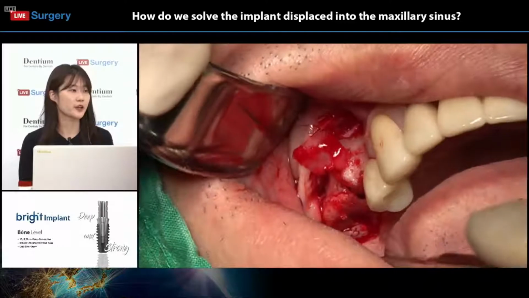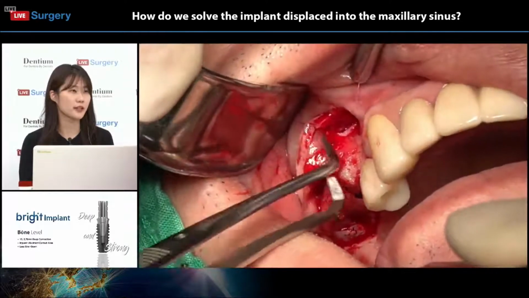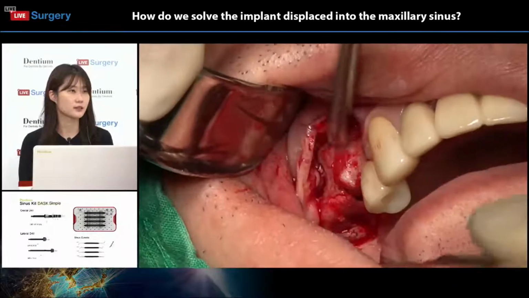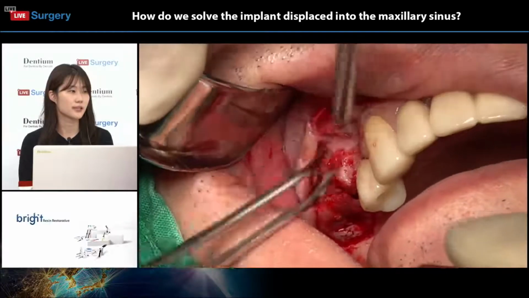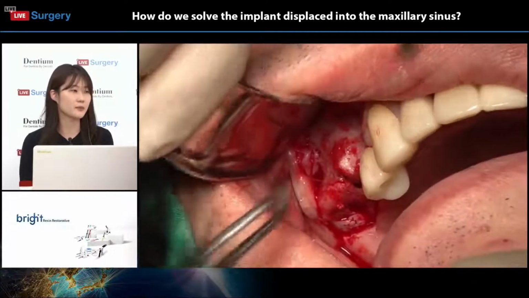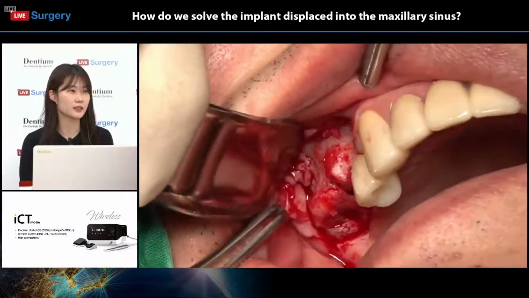That is another fraction of the collagen membrane. He is removing it. And as we have seen, the membrane exists still after 9 months.